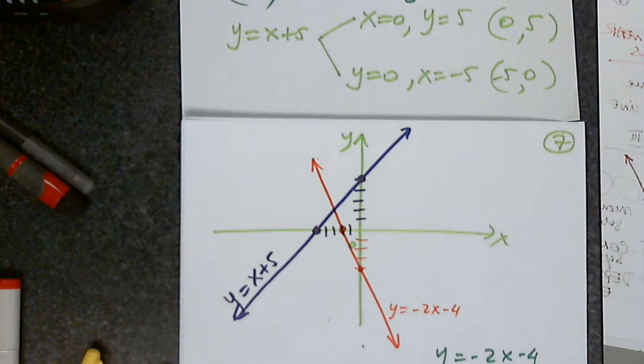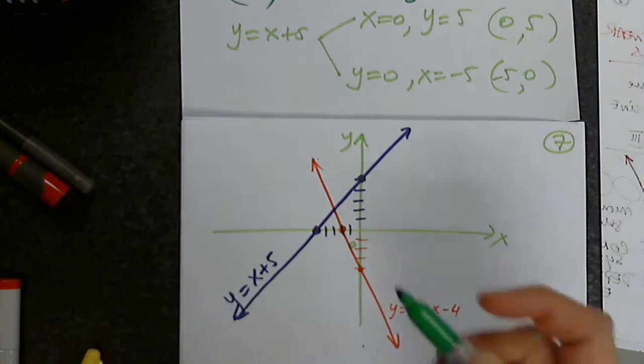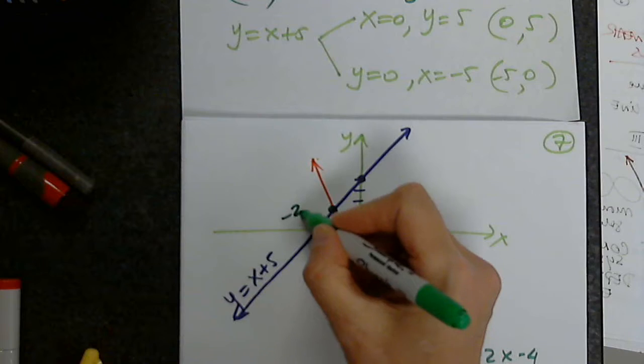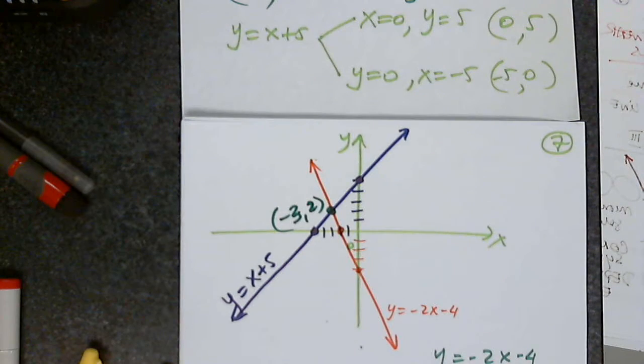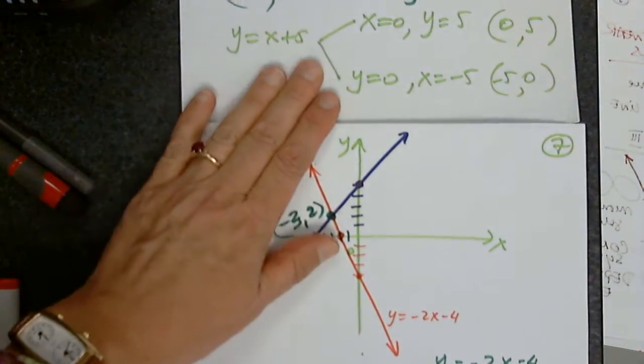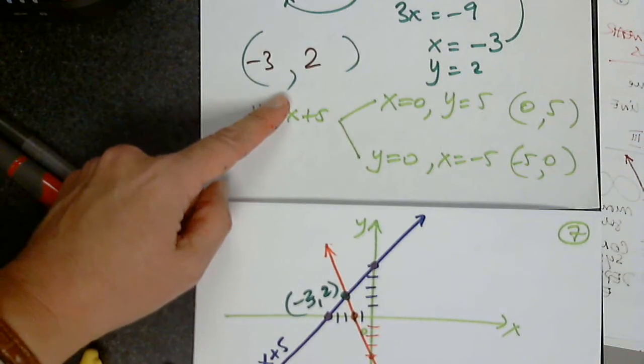And now I'm going to look. I can see so well, and I'm so experienced with this. And I'll say, oh, very clear, negative 3, 2. No, I don't. It's very hard to read from that. But I did my work before, algebraically.